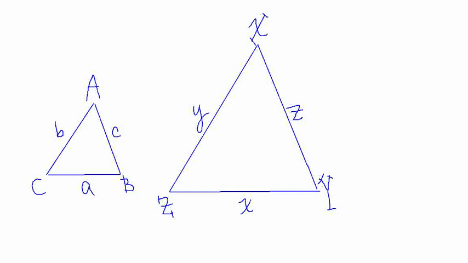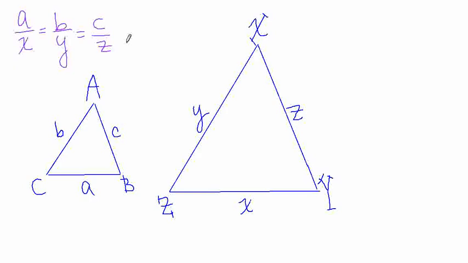And the capital letters A, B, C, X, Y, and Z denote the vertices of the triangles. So we can assume that a over x is equal to b over y is equal to c over z.